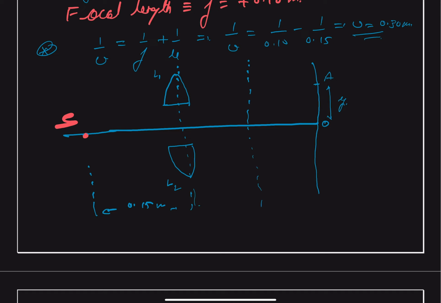So this is our V is equal to 0.30 meters, and we can draw an approximate ray diagram for that, and it will be something like this, and similarly on the opposite side also.